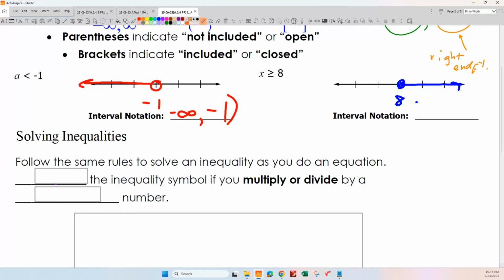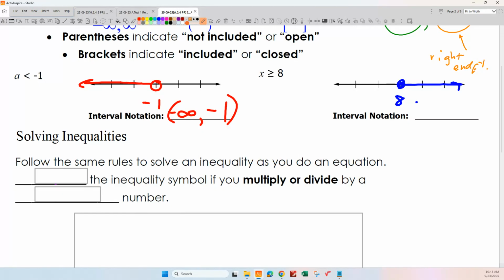To include a bracket by an infinity makes no sense, because it means you can somehow include that point, which you could never do because you never get there. So that's how we would write that interval using interval notation. Again, we start with the comma in the middle. Left endpoint on the left, right endpoint on the right, and then you either choose parentheses or brackets.